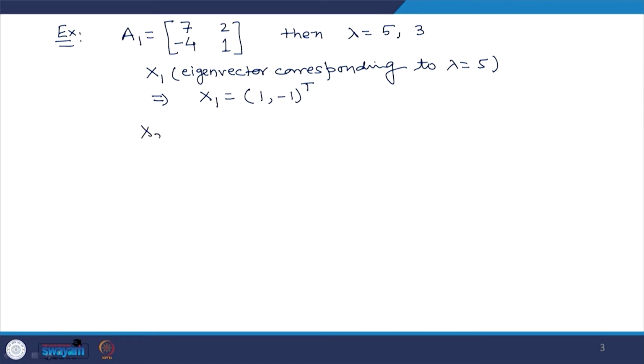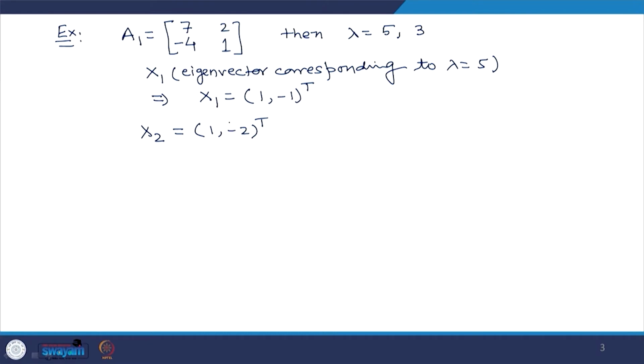Similarly, if x2 is the eigenvector corresponding to the eigenvalue lambda equals 3, then x2 comes out to be (1, minus 2). So, x1 and x2 are linearly independent because they are eigenvectors corresponding to distinct eigenvalues.